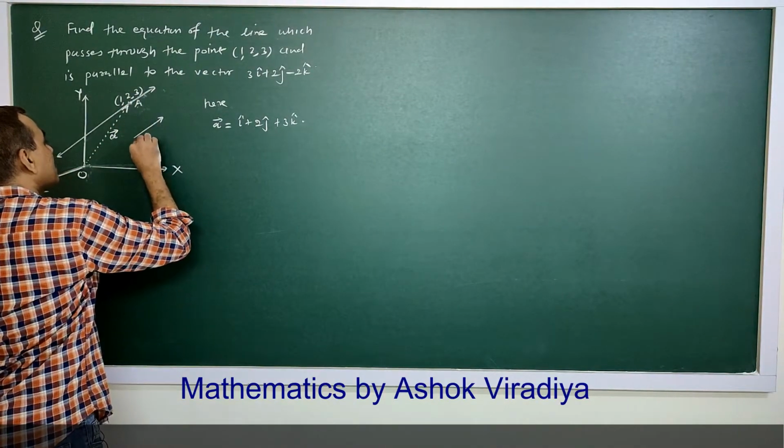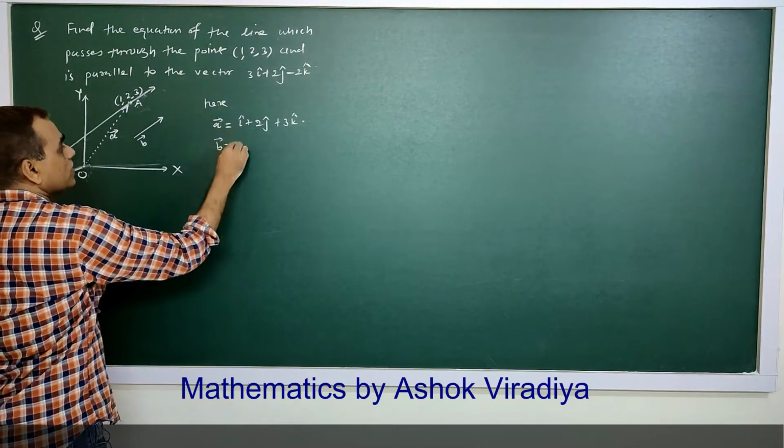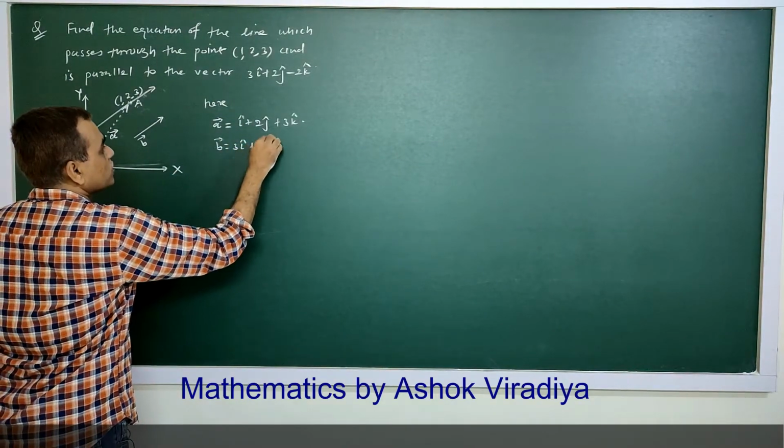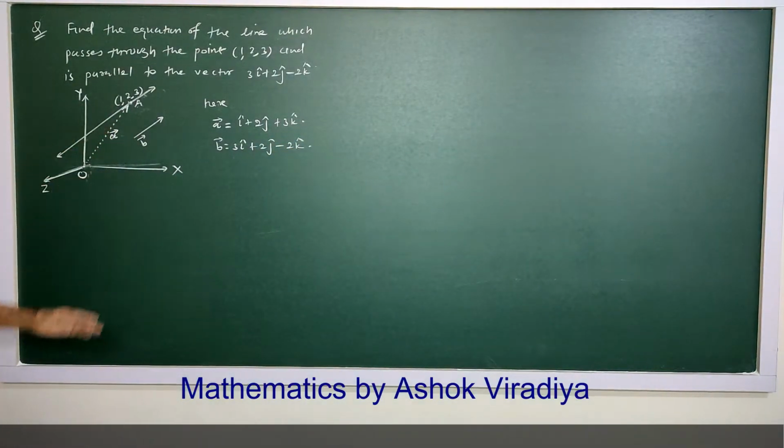Let me take the parallel vector as B. The line is parallel to 3i plus 2j minus 2k.